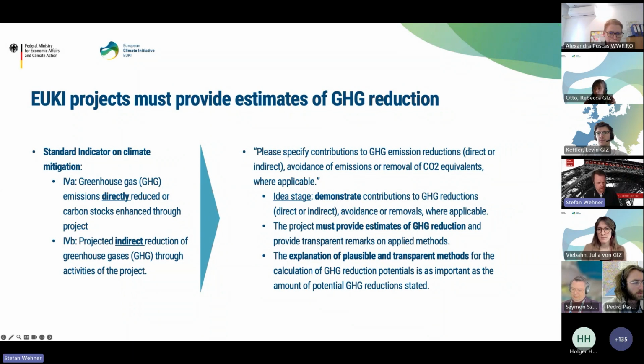Directly means, and we will look at this in a second, that it's under your control, for example, any measure that is directly financed by your project. Indirectly, it's rather that you are helping partners, you're enabling future emission reductions by others, which can then only indirectly be related to your projects.